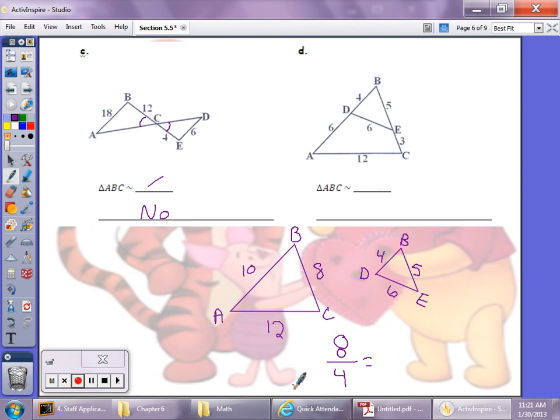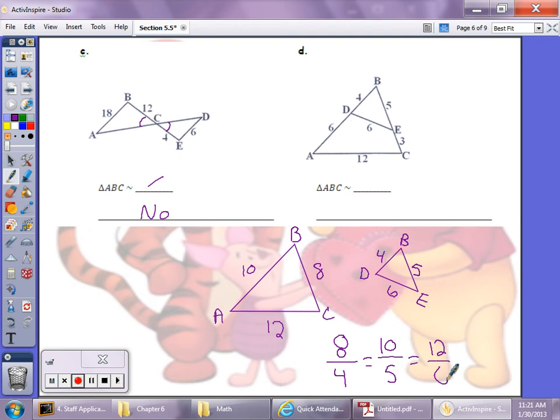So in triangle ABC, AB is going to be the middle side, and in triangle DBE, 5 is going to be that middle side. And then lastly, I'm going to match up the largest side in each triangle. So the largest side in triangle ABC is AC, which is 12, and the largest side in triangle DBE is 6.